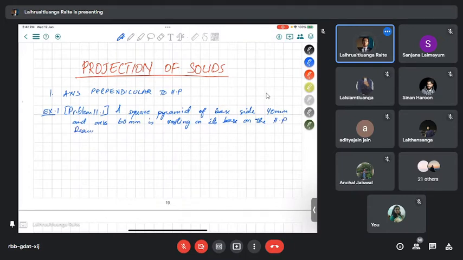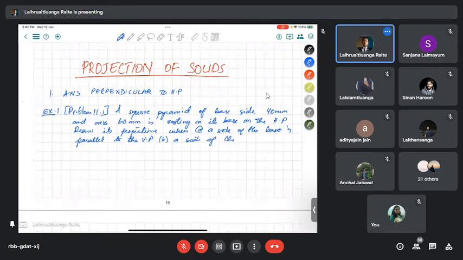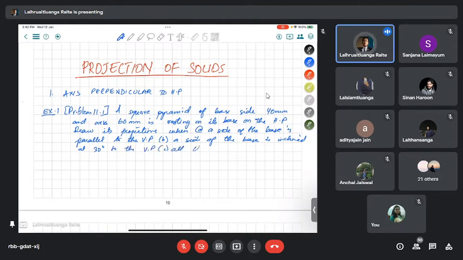Draw its projections when a side of the base is parallel to the VP, a side of the base is inclined at 30 degrees to the VP, and all the sides of the base are equally inclined to the VP.